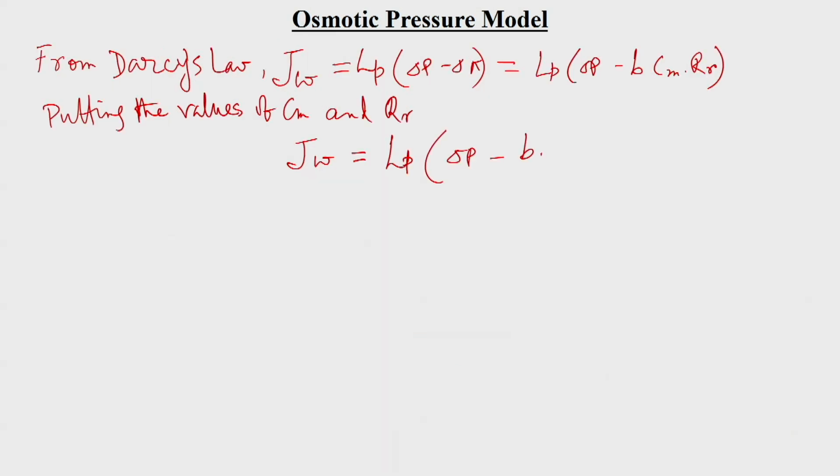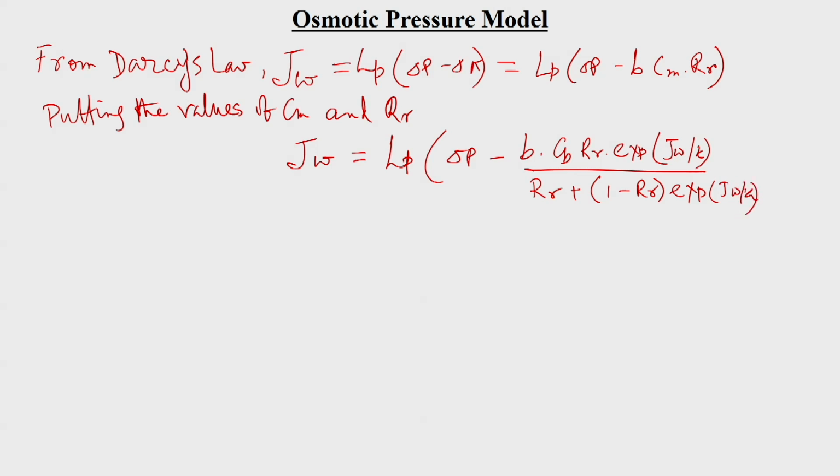We will put here B into Cb into Rr into exponential Jw by k, divided by Rr plus 1 minus Rr into exponential Jw by k.